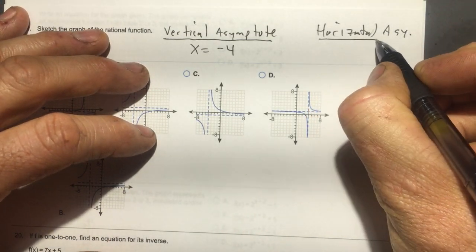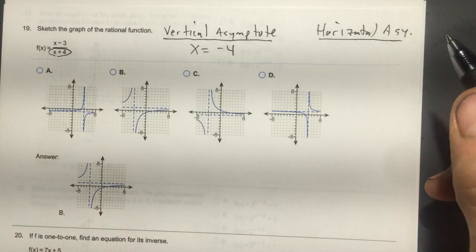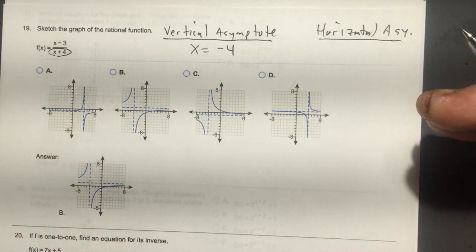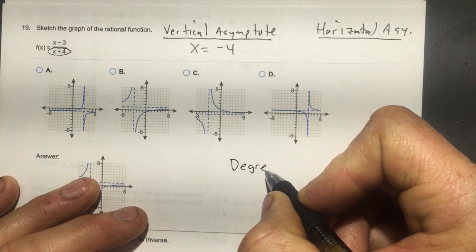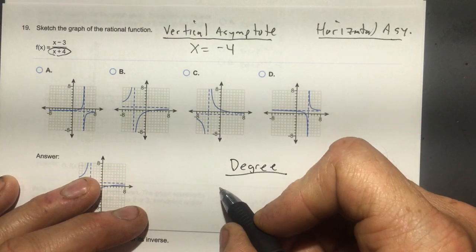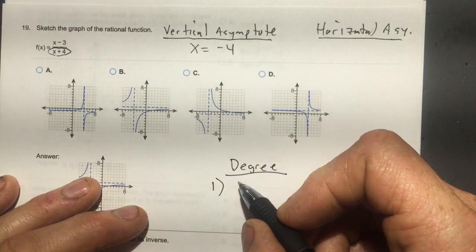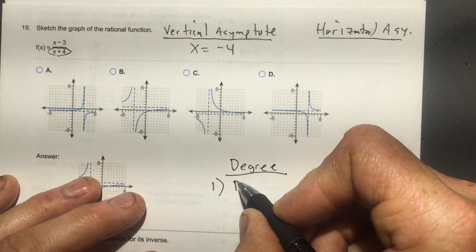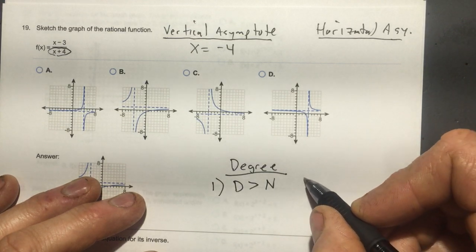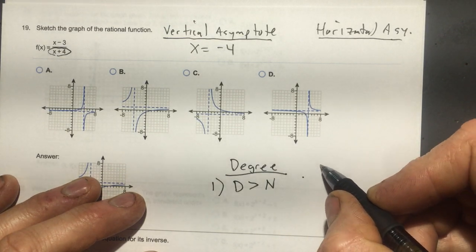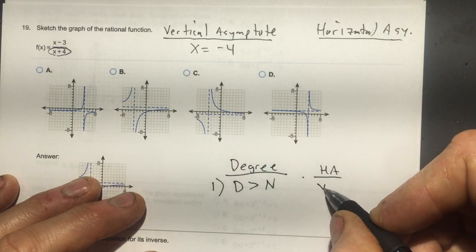Remember, for the horizontal asymptote, you're looking at the degrees in the top and the bottom. The first one: if the degree in the denominator is greater than the degree in the numerator, then your horizontal asymptote is going to be y equals 0.